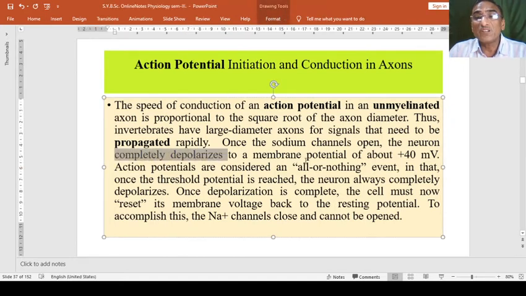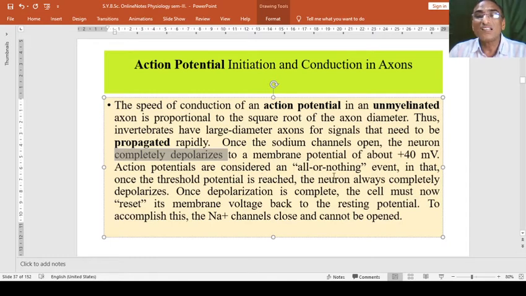to a membrane potential of about plus 40 millivolts. We have seen earlier minus 55 millivolts out of the resting minus 70. Here plus 40 millivolts is required for the movement of sodium and complete depolarization. Furthermore, action potentials are considered an all or nothing event.